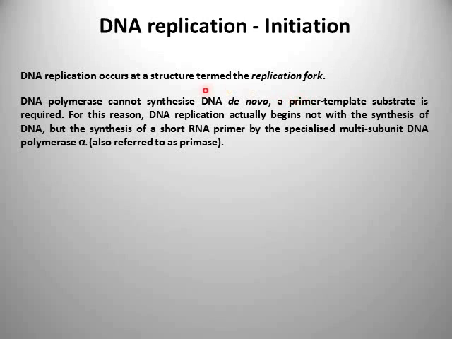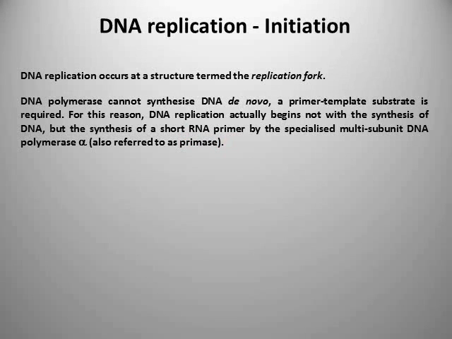So for that reason, the actual process of DNA replication doesn't begin with replication of DNA, but it begins with the synthesis of a short RNA primer. This RNA primer is synthesized by a special multi-subunit DNA polymerase called DNA polymerase alpha, which is also sometimes called the primase enzyme.